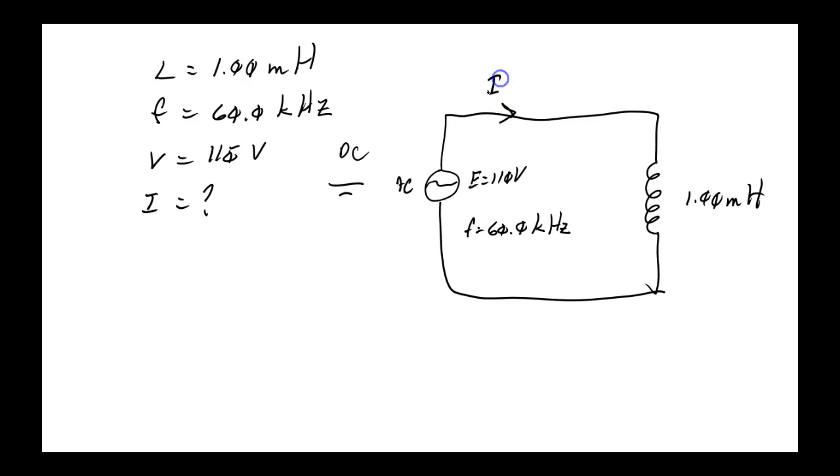We draw it like this, knowing that current isn't just flowing in one direction. It's alternating current, going back and forth. But we draw it as if it's going in one direction, just because that's how we used to draw it. What was our formula for current? I is equal to E over what? R was if it's a resistor. What do we use if it's an inductor? The thing that's equivalent to resistance. X sub L. Inductive reactance.